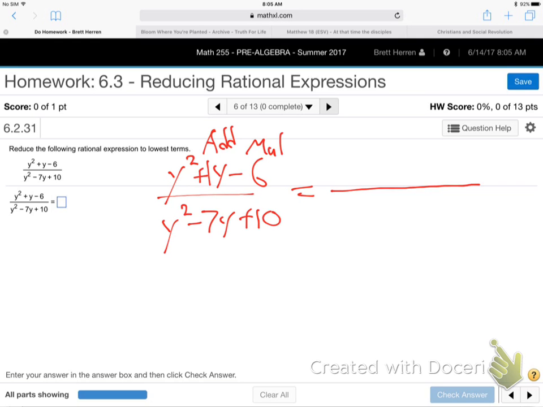Multiply to be -6 at the back and add to be +1 in the middle. So, a couple of y's like that. Okay, so what multiplies to be 6 at the back? What times what is 6? 3 and 2. 3 and 2 make 6.